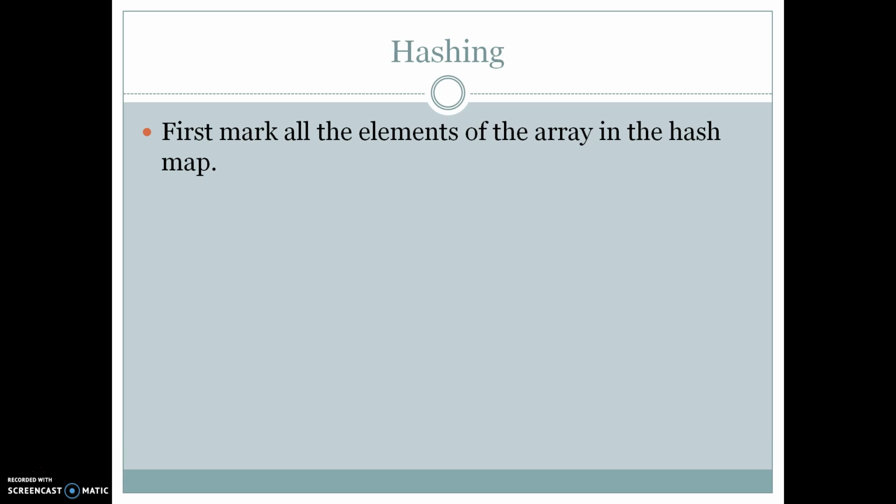If the pair is 5 and 15, and we have marked both of them, now if we go through 5, we can check for 15. 20 minus 5, if it is present, then we have got the answer.